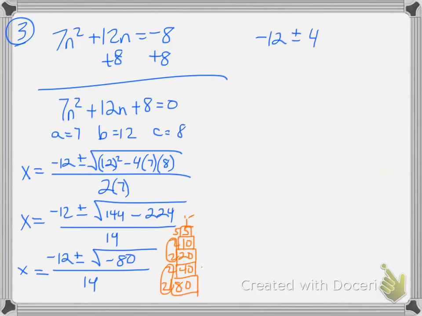But also because of this negative here, it's inside the radical. Remember, I'm also going to use i there. So it's negative 12 plus or minus 4i times the square root of 5 all over 14.